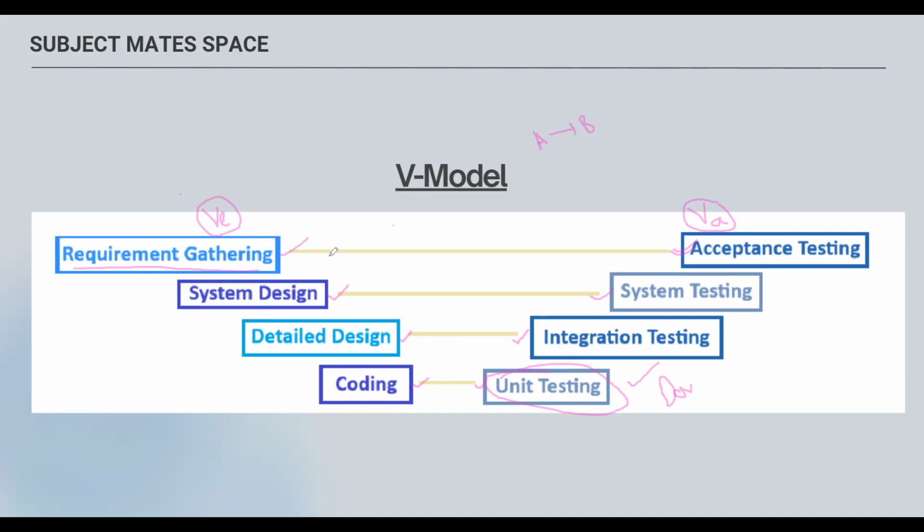So this is the V model. As you can see, we are doing verification and validation in parallel. We are not waiting for all phases to complete and then validating. We are parallelly validating the verification part. Hope you got it. Hope you are clear.